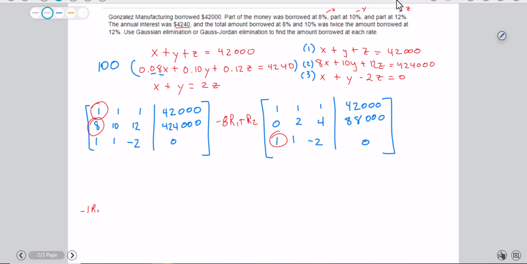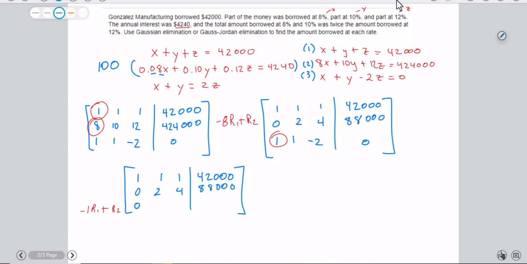All right, now I want to turn this into a 0, and I could do that by taking the negative of row 1 plus row 2. Not changing row 1, so that stays the same, 42,000. Not changing row 2, so that stays the same, 88,000. Now I'm taking the negative of row 1 and adding it to row 2. So negative 1 plus 1, 0.